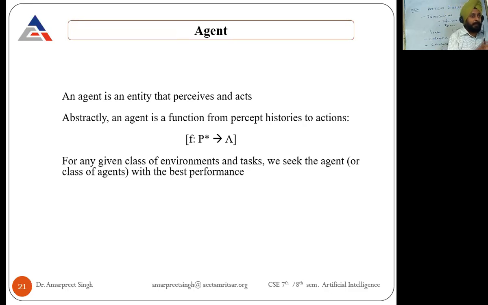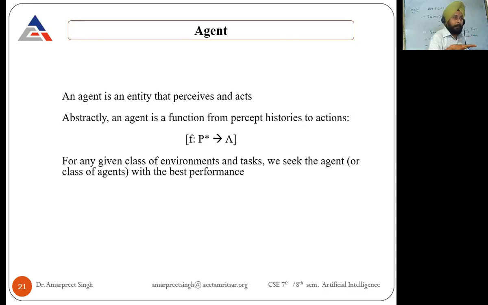Any entity that perceives what is going on around us is known as an agent. Yes, humans are also agents, because we perceive the things around us. We can see what is going on around us, and we perceive through our senses. There are different human senses, and through the senses we perceive all the things.